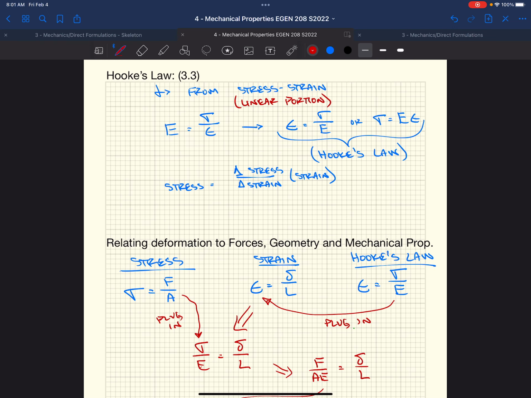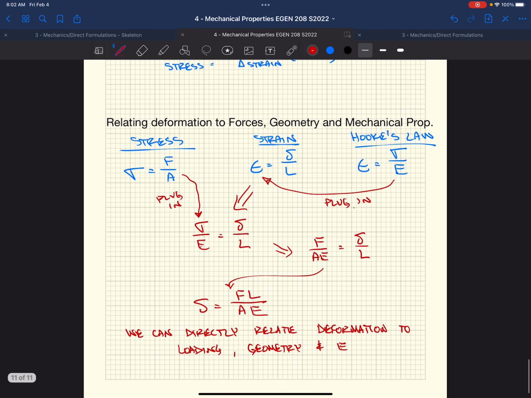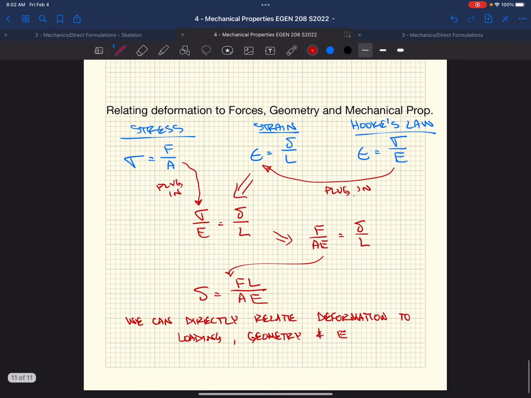Some of the biggest things we ended on Wednesday with was this relationship, Hooke's law: strain is stress over our modulus of elasticity from our stress strain response. We know the definition of strain is change in length over the original length, and stress is just force over a cross-sectional area. Plugging these into each other, we get this force deformation relationship.